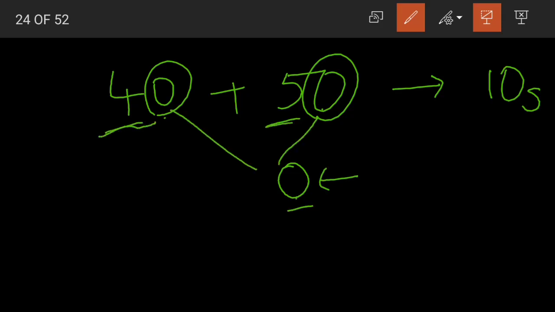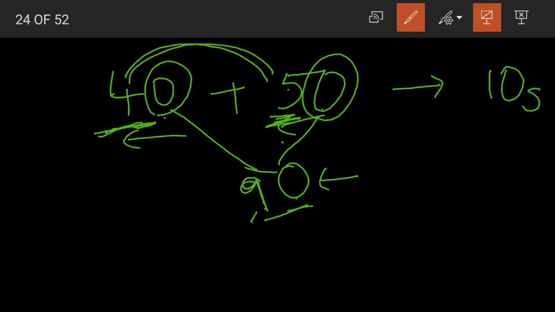When we add both of these together, 4 plus 5 becomes 9. So we'll write 9. Now here the numbers are to the left of 0, right? So 4 plus 5, 9, is also written to the left of 0.